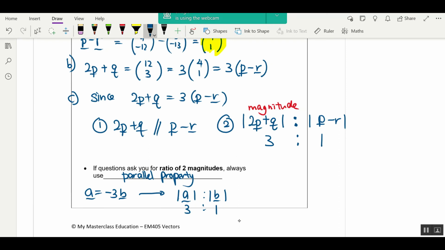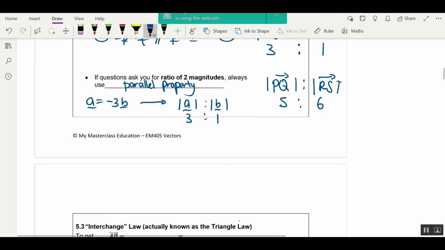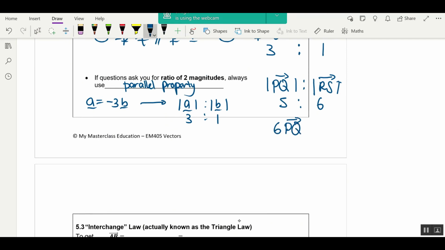Okay, and vice versa. If let's say the magnitude of PQ is to magnitude of RS is 5:6. If we put this back into an equation form, it means that 6 times of PQ is equals to 5 times of RS.